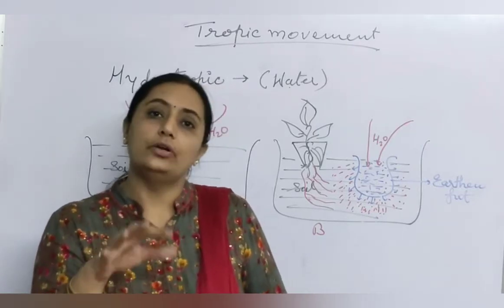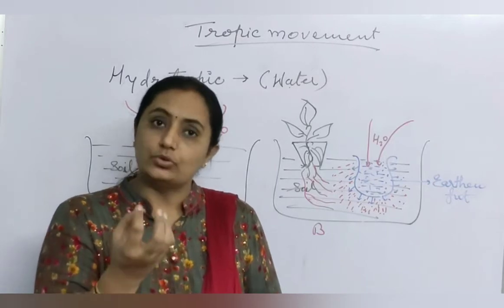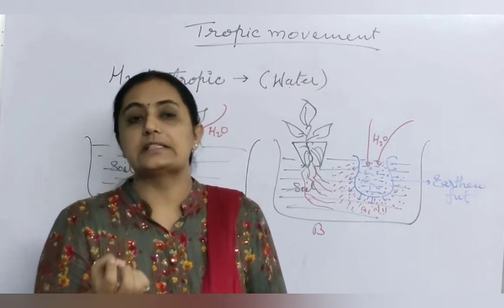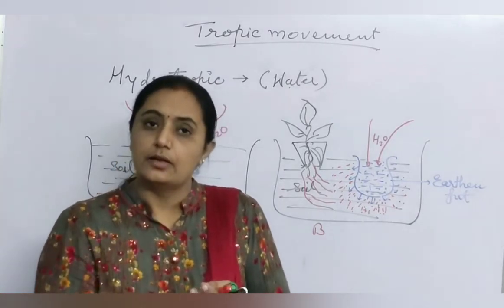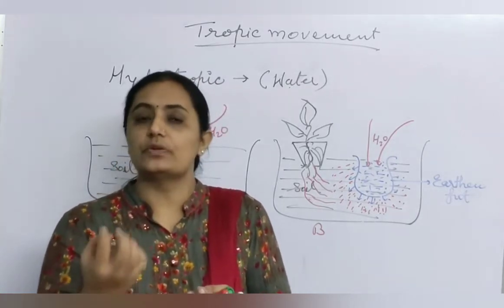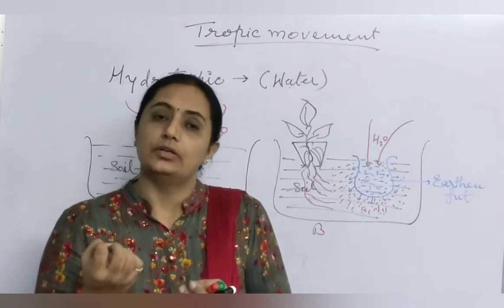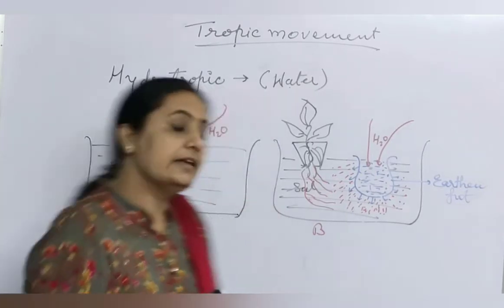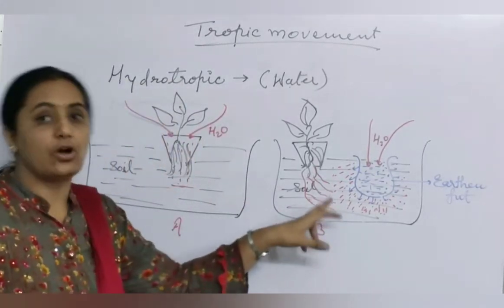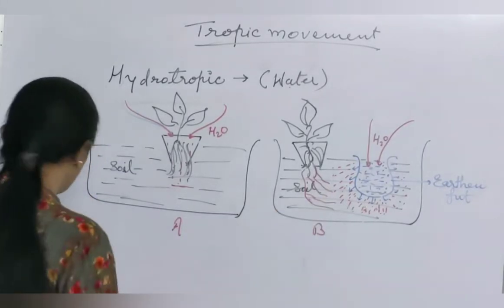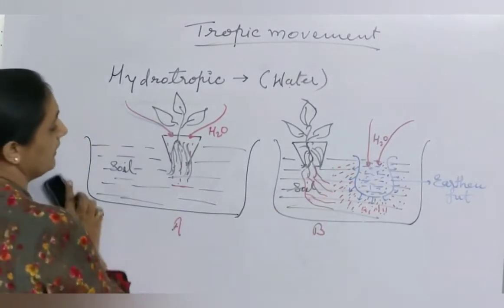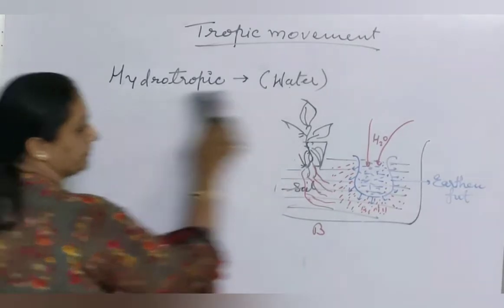After a day or two, you find that those seeds give rise to radicle and plumule. The plumule turns up and the roots cross the sieve and move towards the beaker in which water is there. That indicates hydrotropic movement of roots. That is, roots are attracted towards water, or grow in the direction of the stimulus from where they receive water.